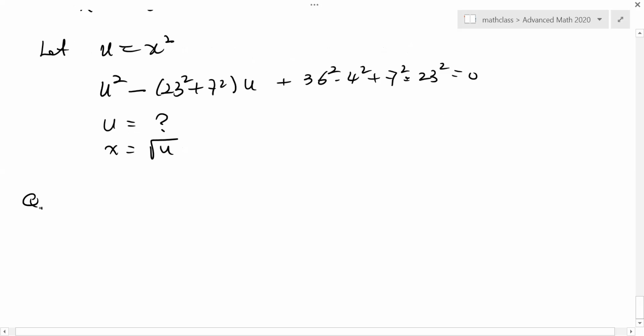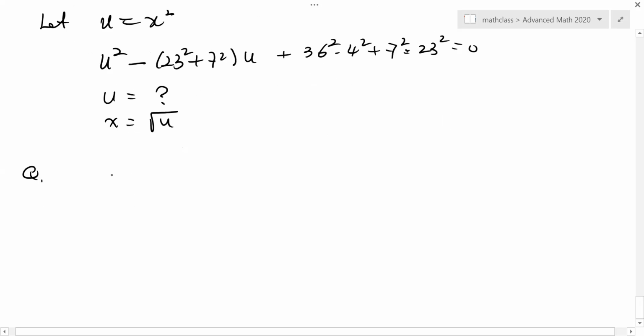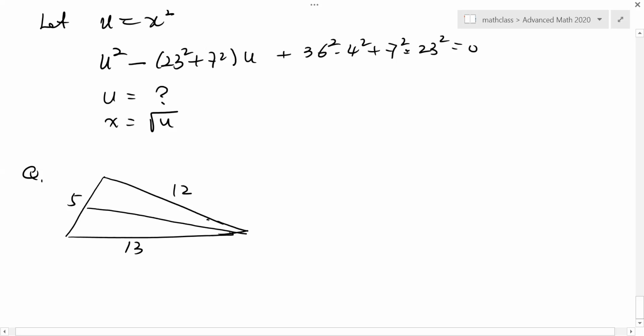Let's look at the triangle, okay? This is our typical triangle, 12 and 5 and 13. I'm going to draw the line so that this is the same angle, okay?